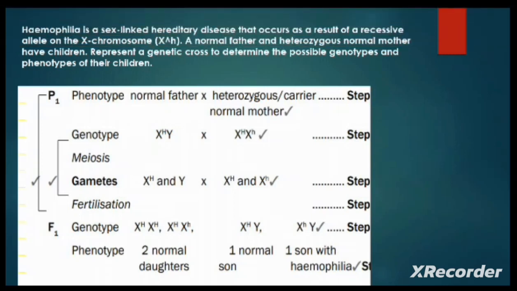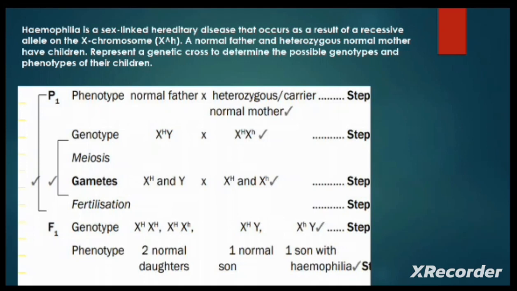Hemophilia is a sex-linked hereditary disease that occurs as a result of a recessive allele on the X chromosome. For an example, an X would have an exponent of the small h. So a normal father, meaning what would be his genotype? It would be X with capital letter H on the top and then a Y. And a heterozygous normal mother.